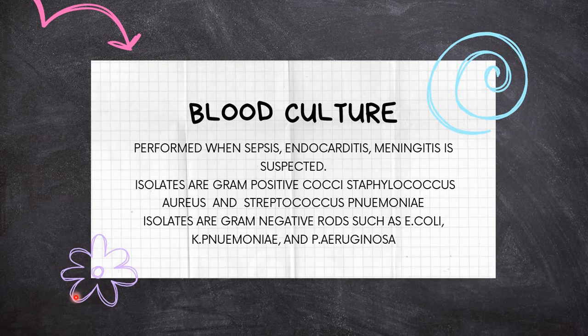If no growth is observed after 1 or 2 days, blind subculturing onto other media is done. Cultures should be held for 14 days when endocarditis, fungemia, or infection by slow-growing bacteria, for example Brucella, is suspected. So this is the blood culture.